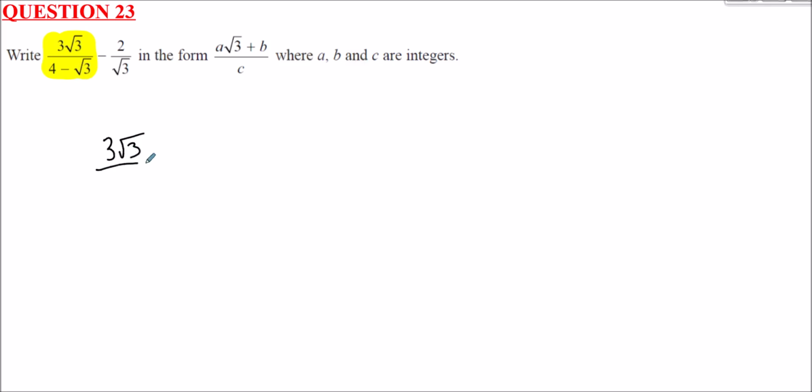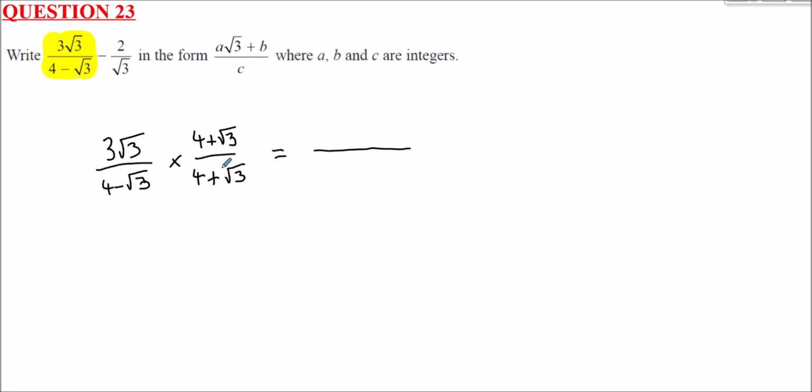So if I take this part of it here, to rationalise this, I multiply both top and bottom by this bit here, but with its sign switched. So I multiply both top and bottom by 4 plus root 3. Looking at the bottom, I'm going to have 4 minus root 3 multiplied by 4 plus root 3.